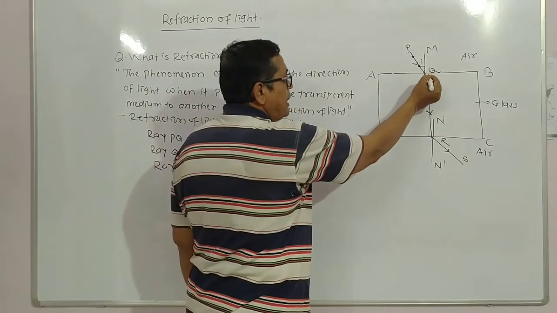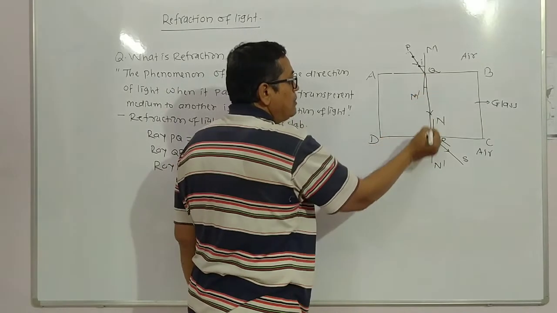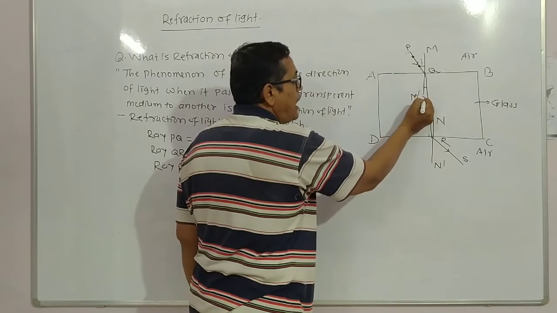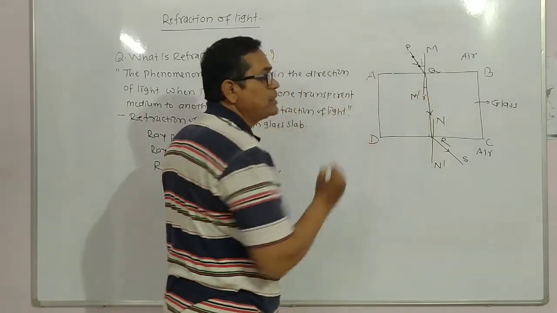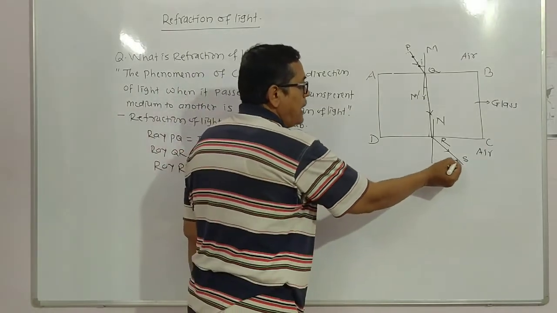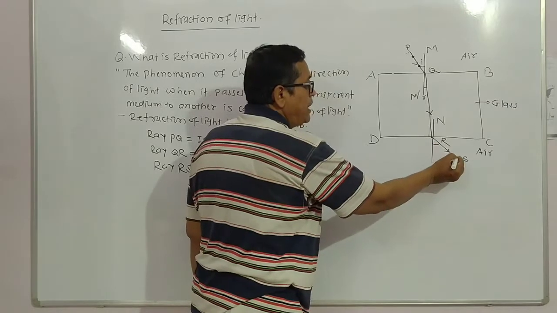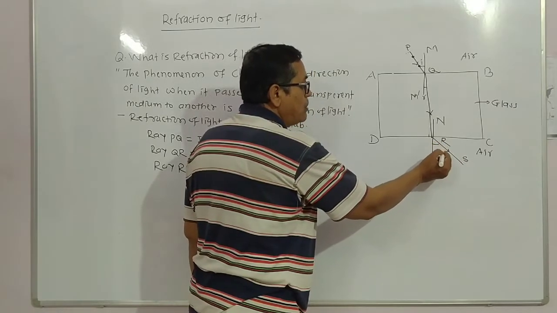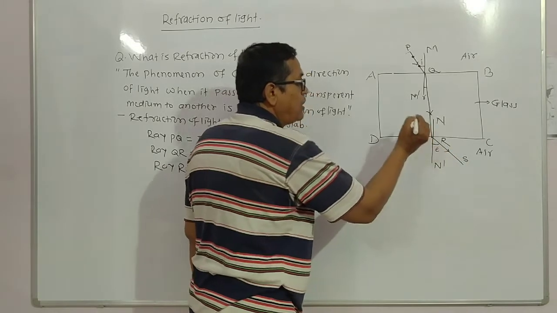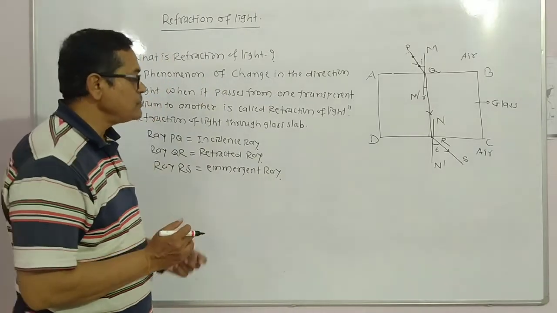Here refracted ray QR makes an angle with this normal, means angle RQM dash, it is called the angle of refraction and it is denoted by r. And that angle SRN dash, the angle made by the emergent ray with this normal, is called the angle of emergence and it is denoted by e.